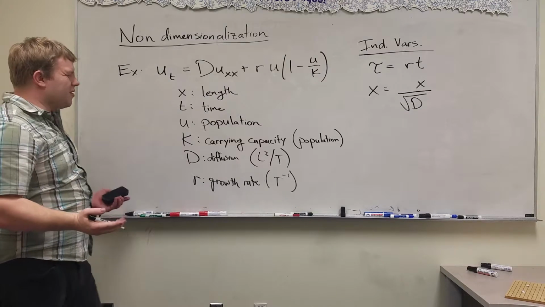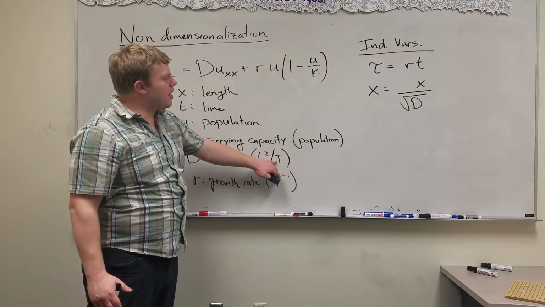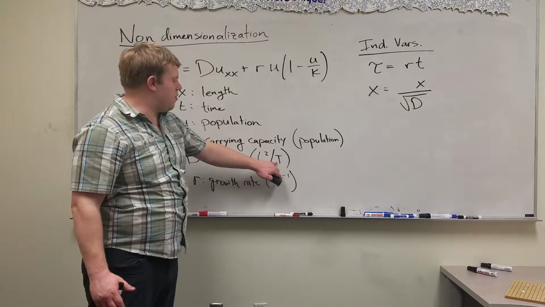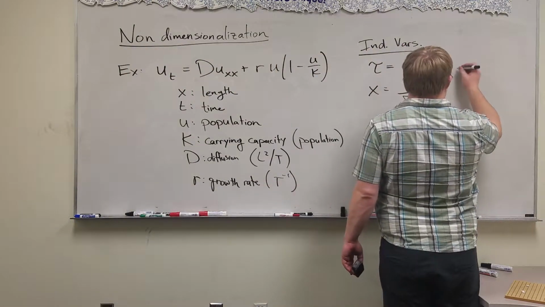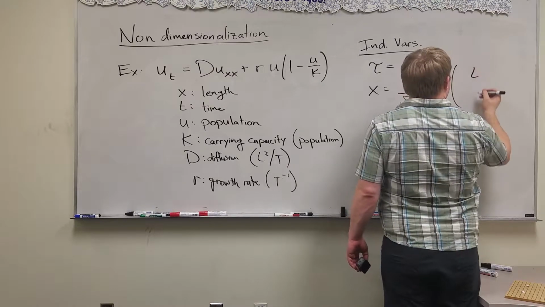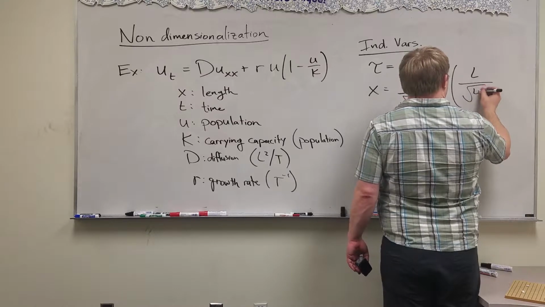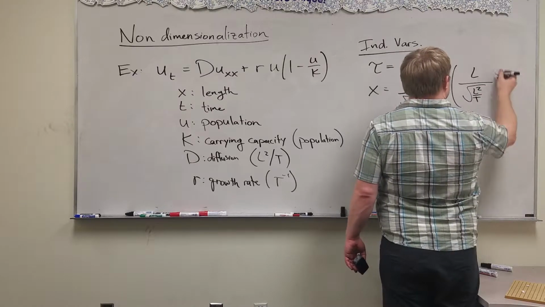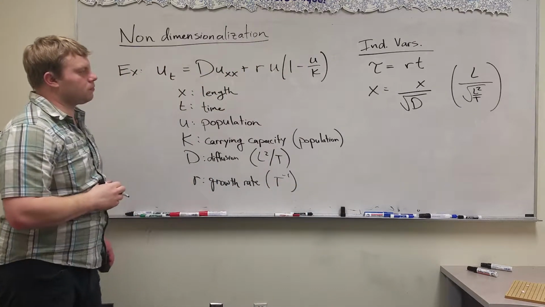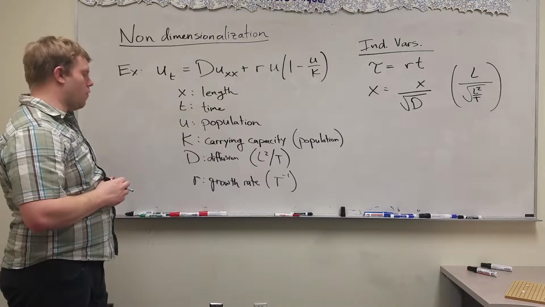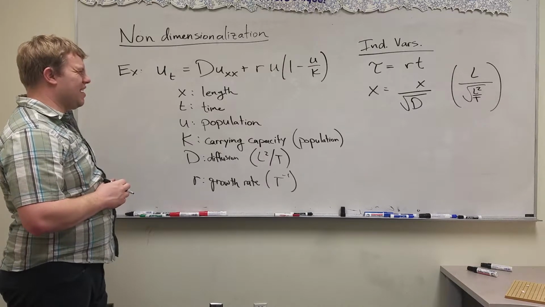But of course that also gives me a total dimension of square root of t, because this would be L divided by square root of L squared over t. So that comes out to square root of t overall. And so I need to do something to get rid of that.